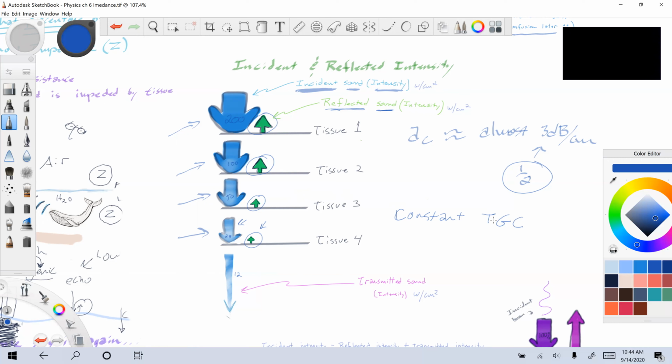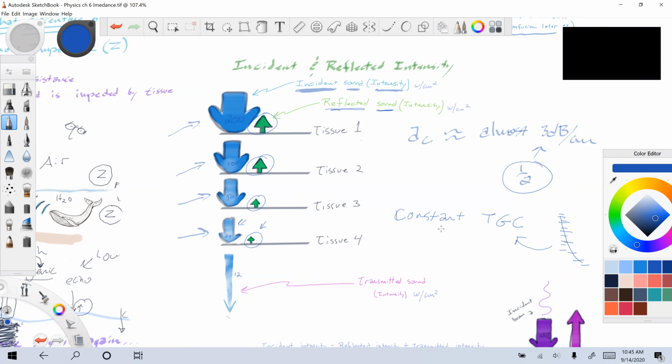Remember those TGCs? Those are those little sliders on our machines, they're electronic, so you pull them up and you can sweep them so that they slip to the side. That's basically augmenting a TGC that's already built into the system.